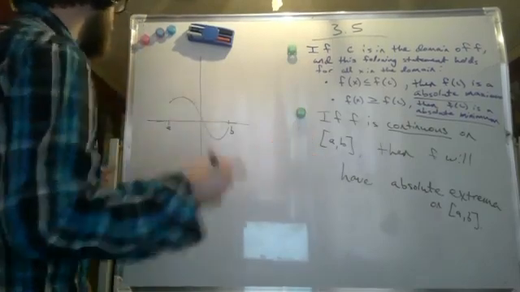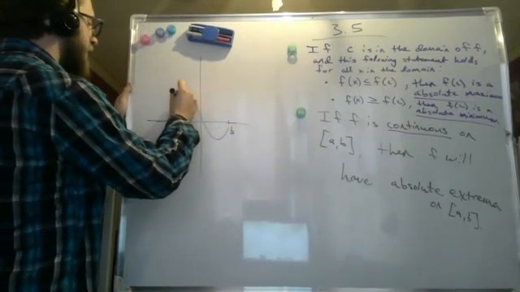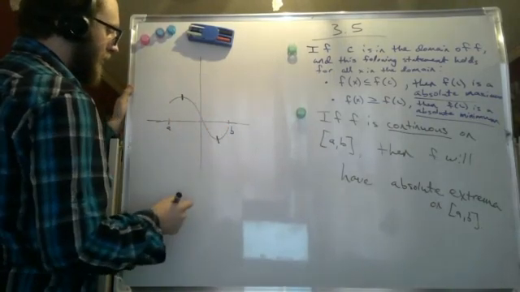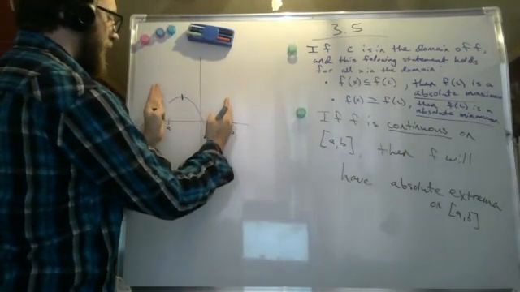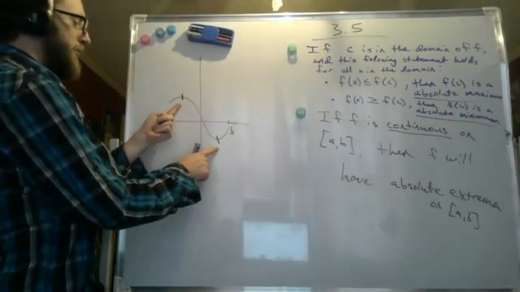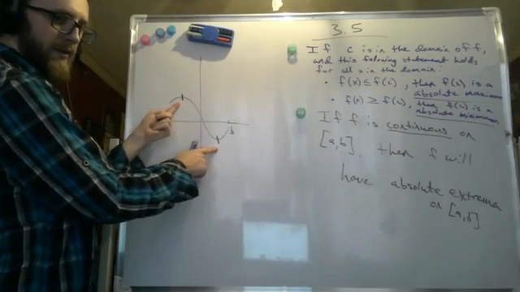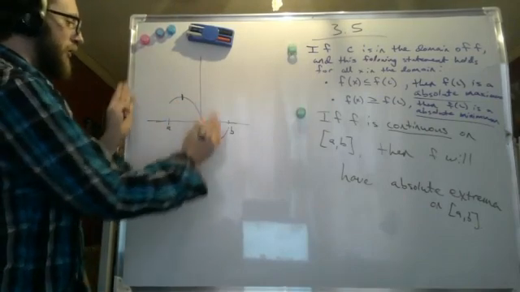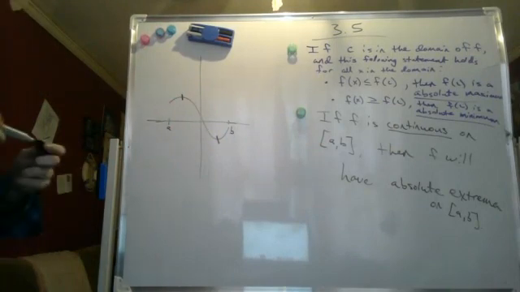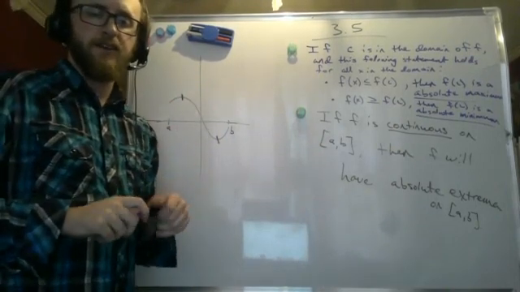And if we look, we can clearly see that, yes, there's a maximum here, and there's a minimum here. And in this case, because we now have it bounded on the left and right, these are then the absolute max and min. So it's important to note that when you have these bounds here and it is continuous, then you're guaranteed to have these absolute extrema, and you should be able to find them.